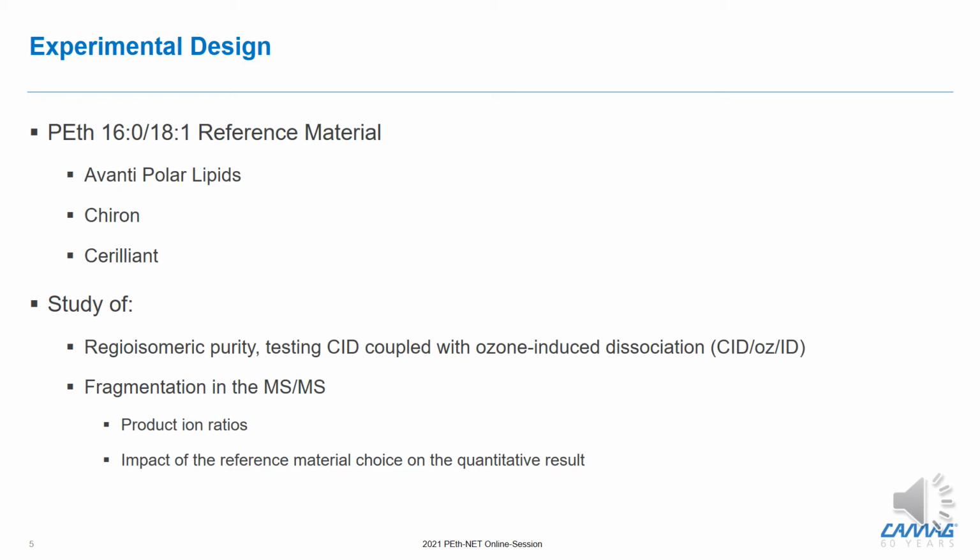This was performed by the group of Stephen Blanksby at the University of Queensland in Australia. In our laboratory, we investigated the fragmentation in the tandem mass spectrometer itself, studying product ion ratios and the impact of the reference material choice on the quantitative result.